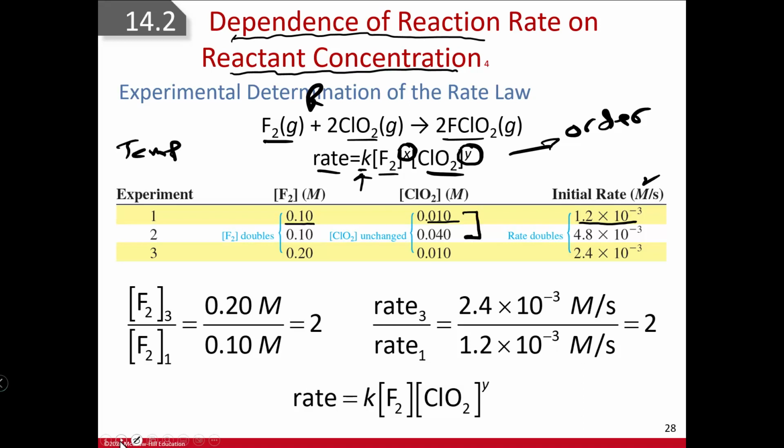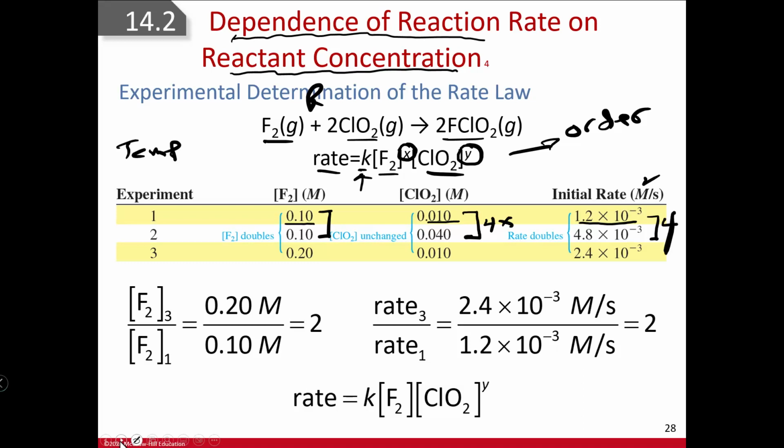So it's 4 times, right? Quadruple. We keep the fluorine constant, and we look to see what the rate change is. So the initial rate goes from 1.2 times 10 to the negative 3 to 4.8 times 10 to the negative 3. And hopefully you can see that's a 4-fold increase in the rate.